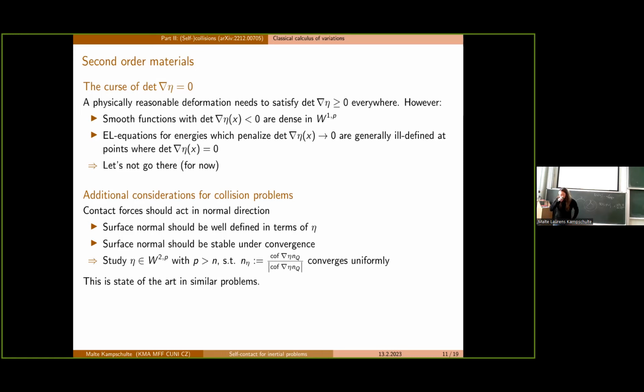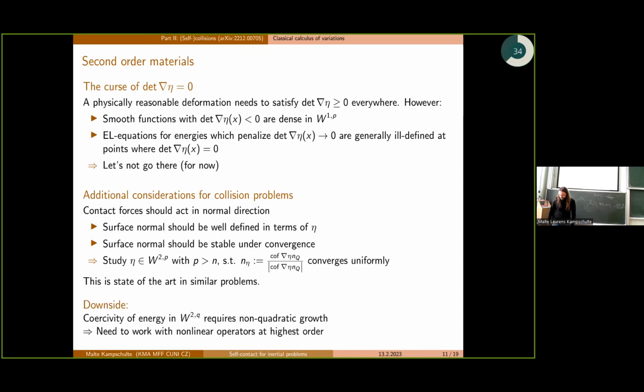And so we're not going there. We're taking second order materials and saying, okay, this gives us a nice definition of the normal. The normal is uniformly convergent if we have some sequence of configurations. And personally, I claim this is still state of the art in those problems, and so we're fine. And then there's another downside.